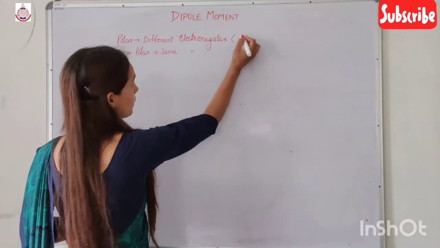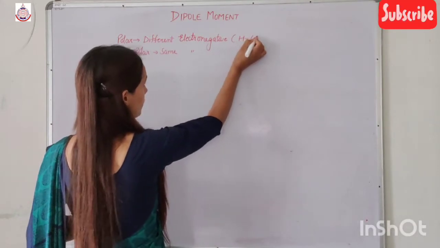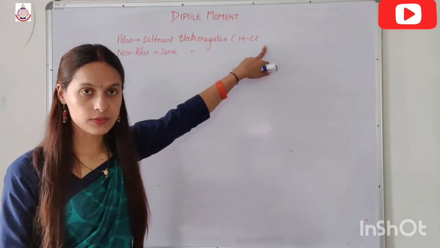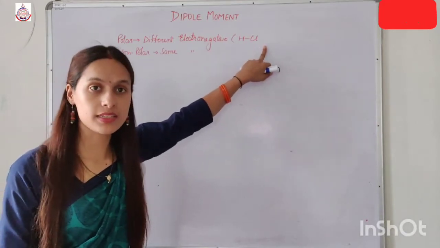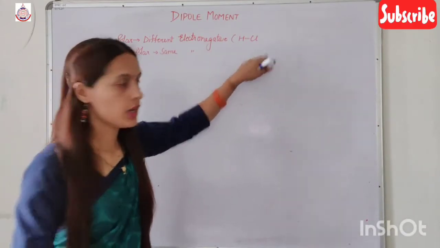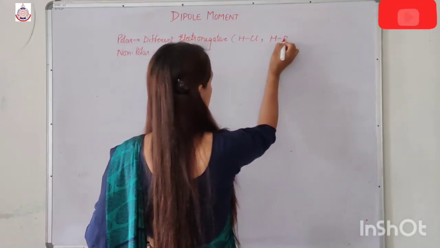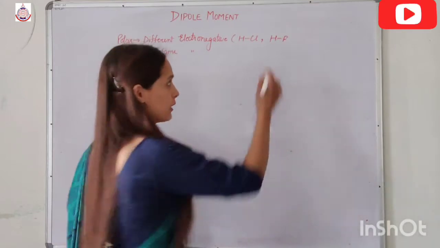For example, if I talk about HCl, both hydrogen and Cl have different electronegativity, therefore the bond between them is a polar covalent bond. Similarly, if I talk about HF, the bond is again a polar covalent bond.